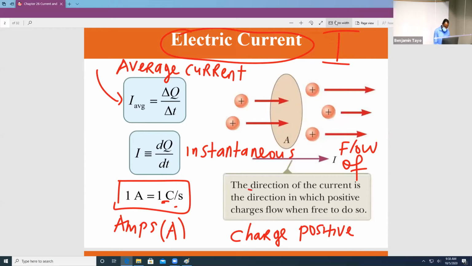So this will help us to get the direction of the current. This is just by definition. In a real system, what is actually moving are the electrons, right? But we use the positive charge just to get the direction of the current.